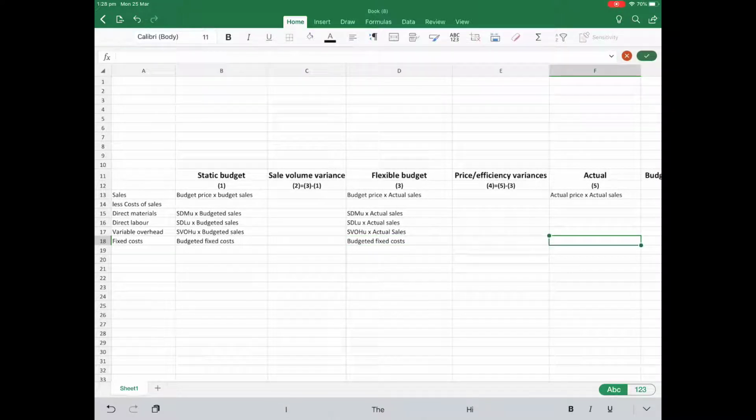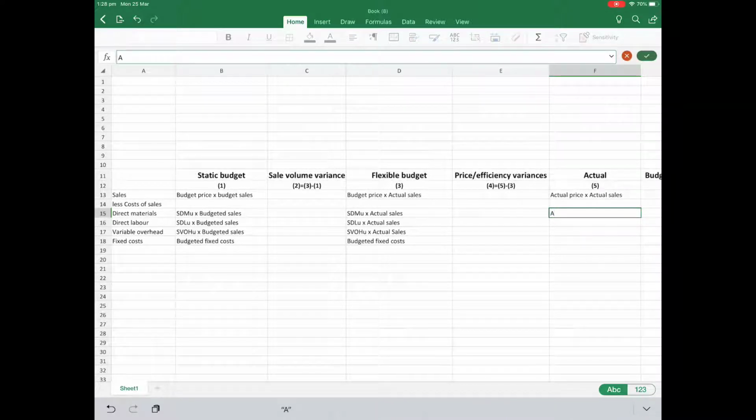Now when it comes to the actual result, we know that the actual direct material will be the actual direct material price per unit, not per unit of output, but per unit of the quantity of direct material used in production.